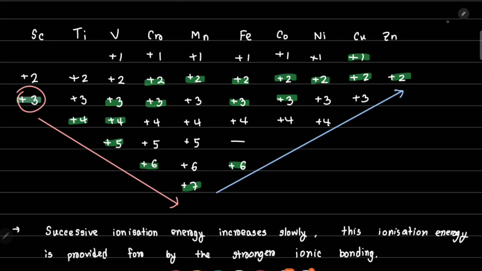This increasing is explained by the fact that more 3d electrons are being involved in the bond. Scandium has only one d subshell electron, while manganese has 5 of them.